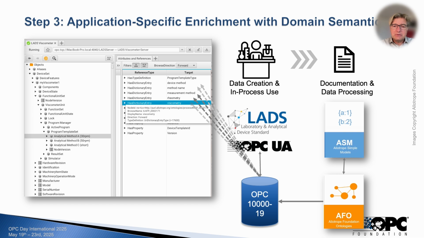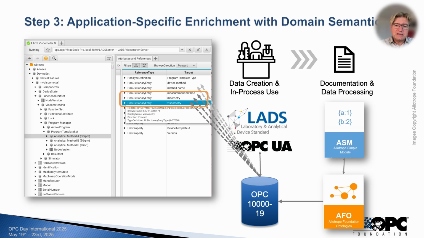In the example, we enrich the object with additional application-specific AFO terms, such as measurement method, rheometry, and viscosity. Why? Because this program template describes a specific analytical task, measuring the rheological property named viscosity.